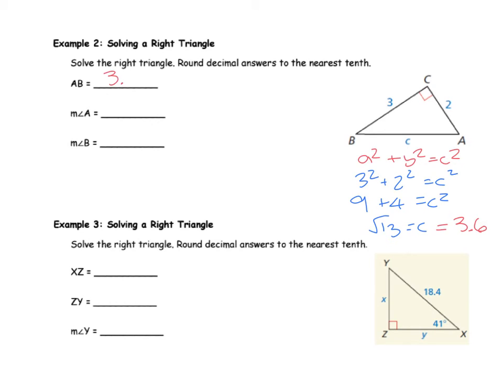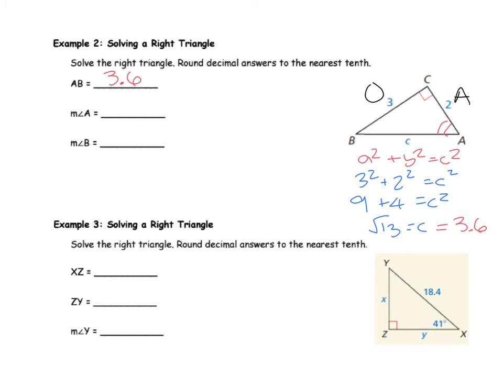So that is 3.6. Now to find the measurement of angle A. It's always safest, because let's say we made a mistake, to use the values that are already given to you. So I'm going to use these two sides. Based on theta being angle A, I have the opposite side and the adjacent side, which means I'm using tangent.